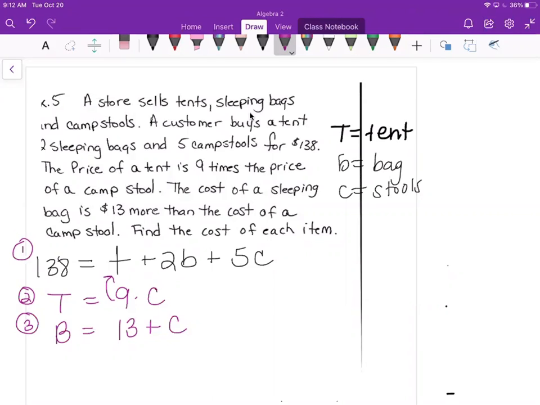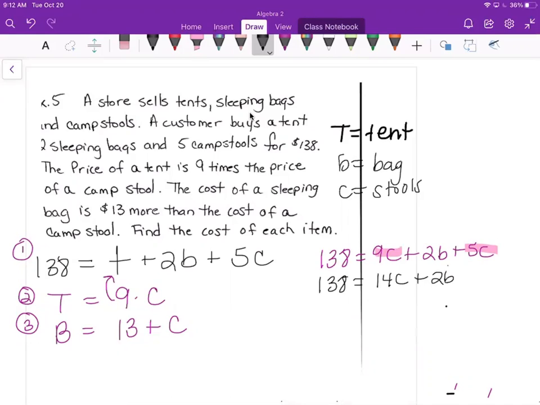If I replace t with 9c in the first equation, we'll have a b and a c, just like we do on equation 3. So what we're going to have is 138 equals 9c plus 2b plus 5c. We can combine like terms. Nine plus 5 is 14c.